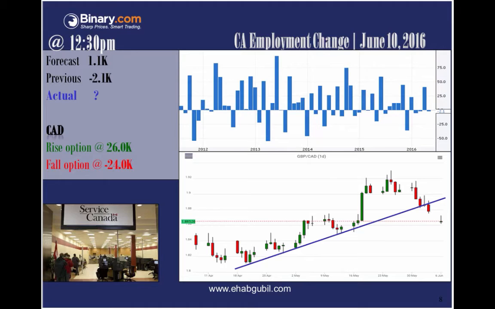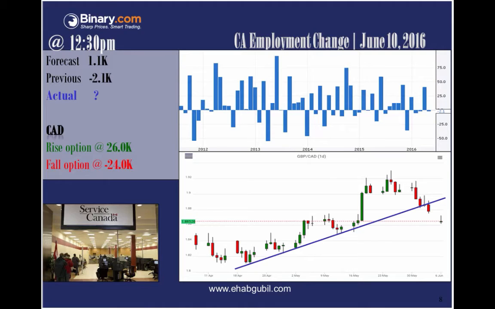If we get a conflict between the two numbers, such as better employment change but higher unemployment rate, then we will need to look at the context of the market and the market sentiment before the news release, before taking the trade. As usual, remember to draw the support and resistance levels before the news release.